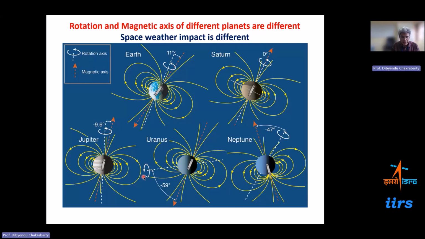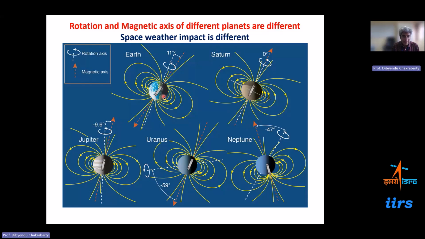It is actually rolling on that plane. Whereas the magnetic axis is this way, and the magnet that lies inside, if you consider it as a dipole, is not at the center, it is off center. So the kind of interaction it will have, the space weather disturbances it will have because of solar disturbances, will be very different than what we encounter on Earth.